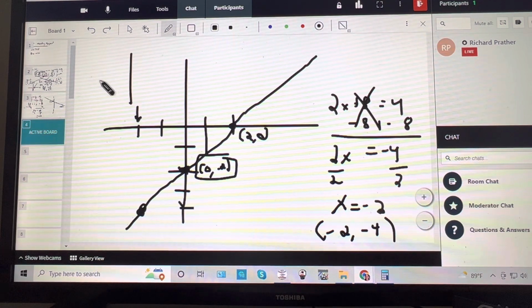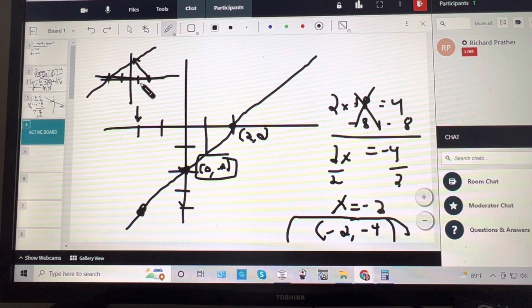So if you would have graphed 2, 0 here, and then you thought 0, -2 was over there, or even if you thought 2, 0 was up there, then you would either have a line going like this or a line going like that. But then if you did -2, -4, it's down here. That doesn't line up with either one of those two. So that's that double check where you know something's wrong.